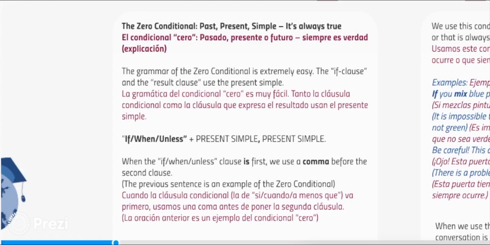When the if, when, or unless clause is first, we use a comma before the second clause. The previous sentence is an example of the zero conditional.